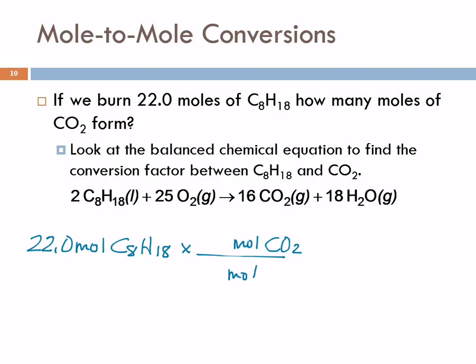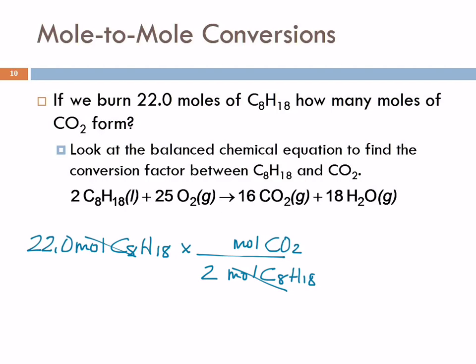So I'm going to multiply by moles of carbon dioxide and divide by moles of octane. It's important here to specify the formula, because if you write times moles over moles, moles of what? It's very easy to get things upside down and backwards. The numbers for this ratio come from the equation. The equation tells me that 2 moles of octane are going to produce 16 moles of CO2.